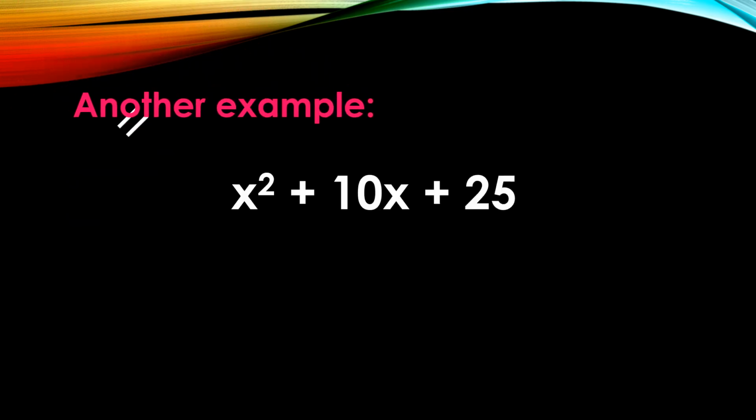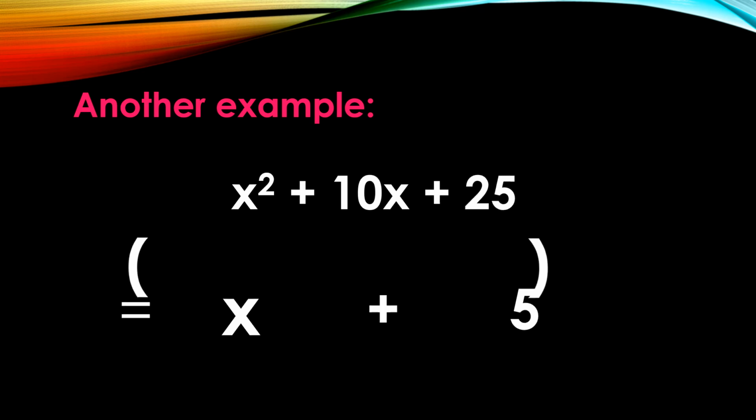Another example is x squared plus 10x plus 25. Square root of x squared is x. Square root of 25 is 5. The middle operation is positive. Simply enclose in parentheses and square it. That is now the factored form.